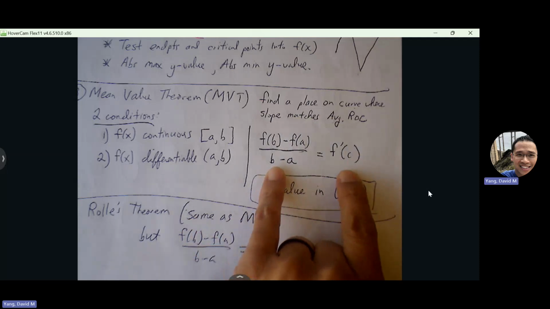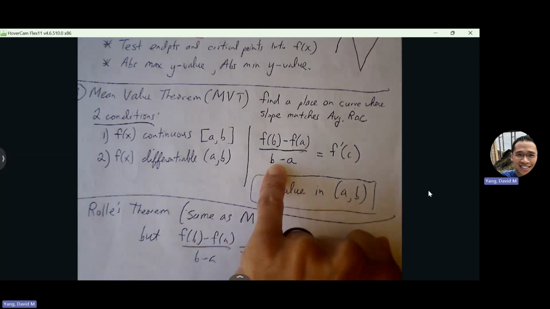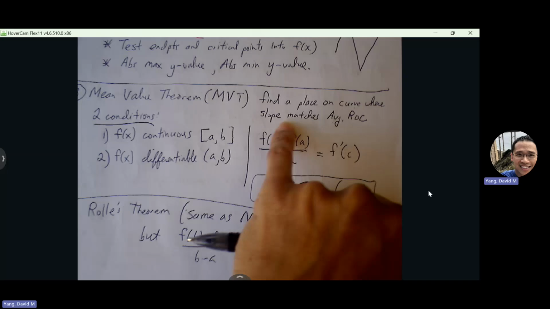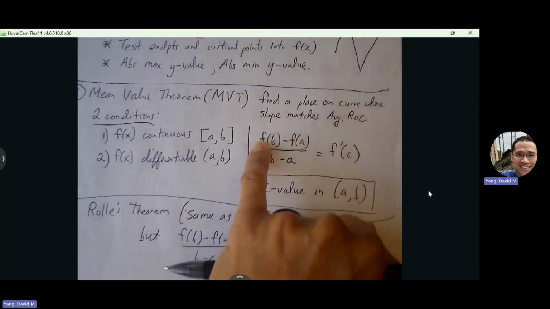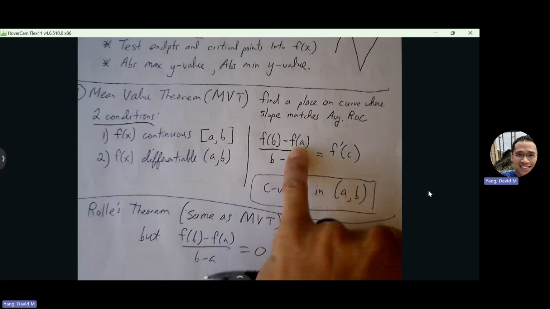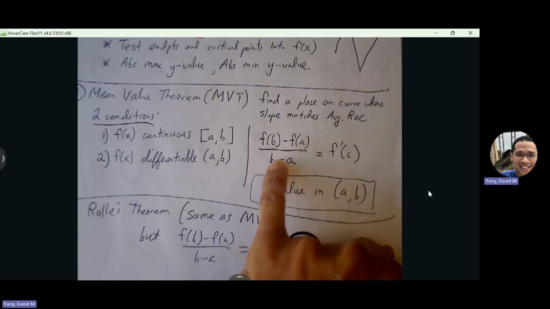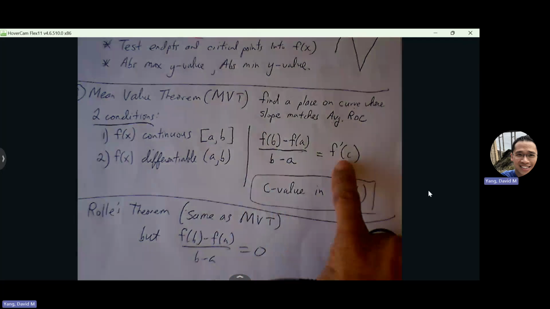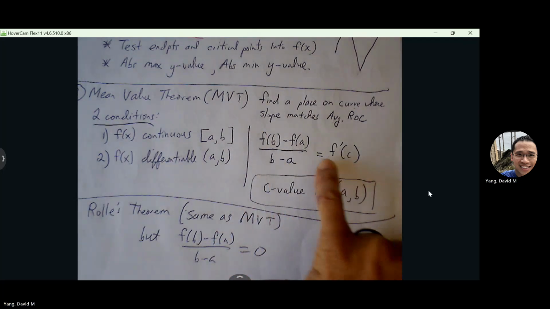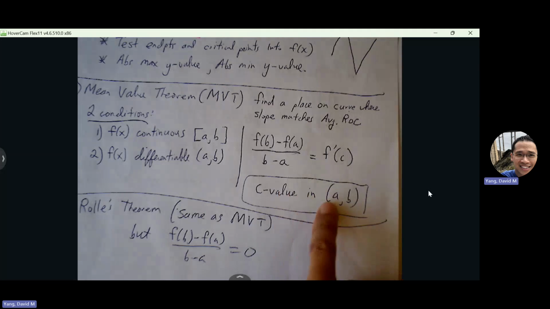The formula is basically within this setup here. This is telling us to find the order pairs and find the slope between the 2 endpoints. So no calculus to begin with. You're just doing change in y over change in x, and then finding that slope. This slope for mean value theorem can be -5, it could be 0, it could be 8, it could be 3. And then once we find that slope, then we turn around and we find the derivative, and we set them equal to each other, and we solve for x.